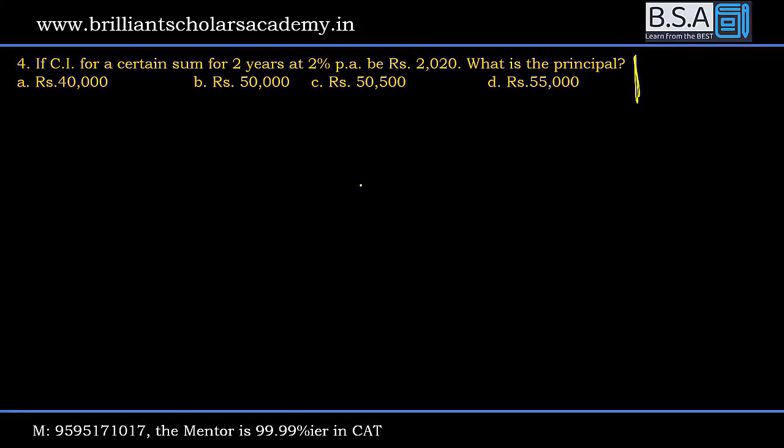So the question says it is 2 years time and 2% interest per annum. So interest is 2020 rupees. What was the principal? So method 1 would usually be principal multiplied by 1.02 square minus principal is equal to 2020.